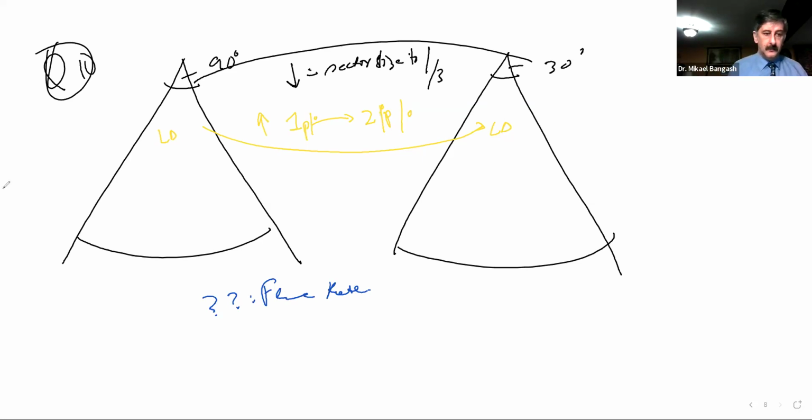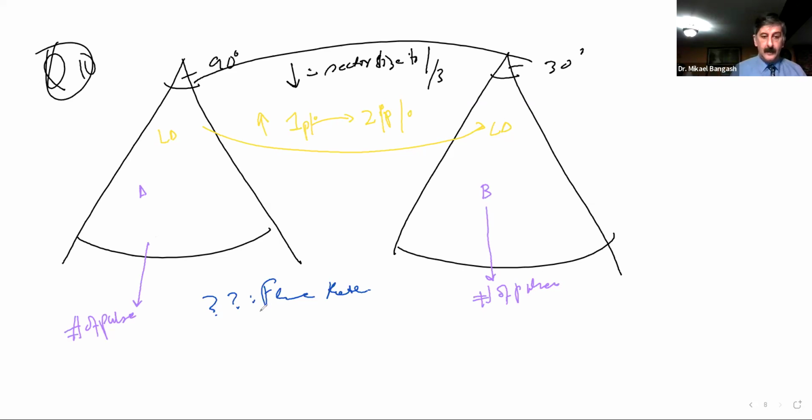Now, guys, to get this one, what we actually want to do is calculate the number of pulses in this image compared to the number of pulses in this image, and then compare that.